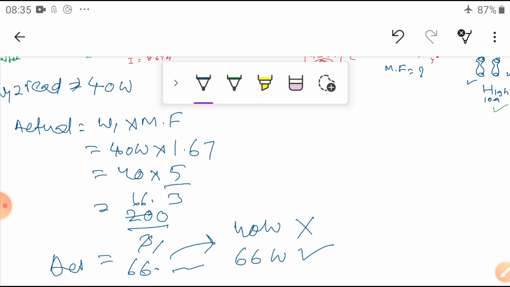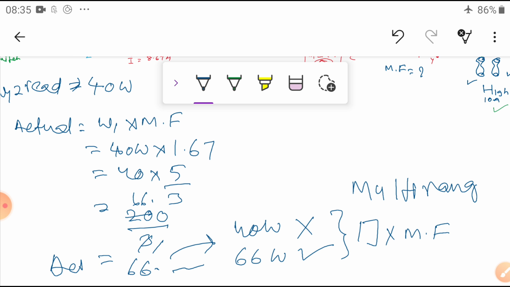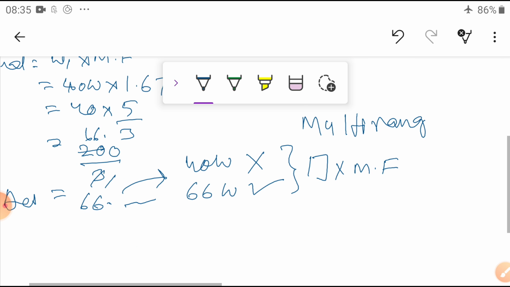So dear students, whenever you use a multi-range wattmeter, you take the meter reading and multiply it with the MF. Most of the standard meters give the MF directly on a diagram.